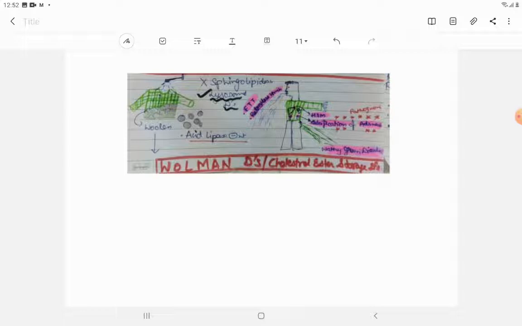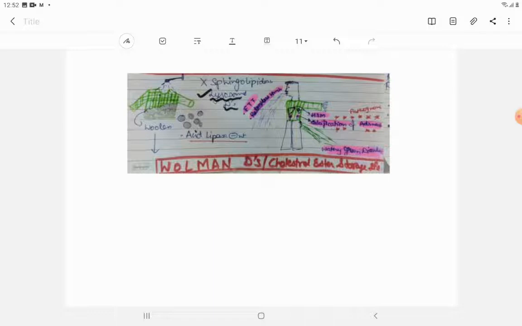In Wolman disease we find relentless vomiting and failure to thrive, and also watery green diarrhea. This green sweater was made just to correlate with the watery green diarrhea.